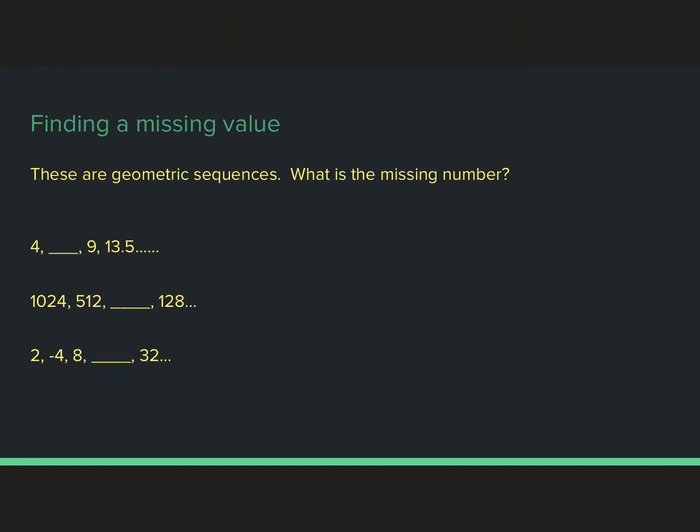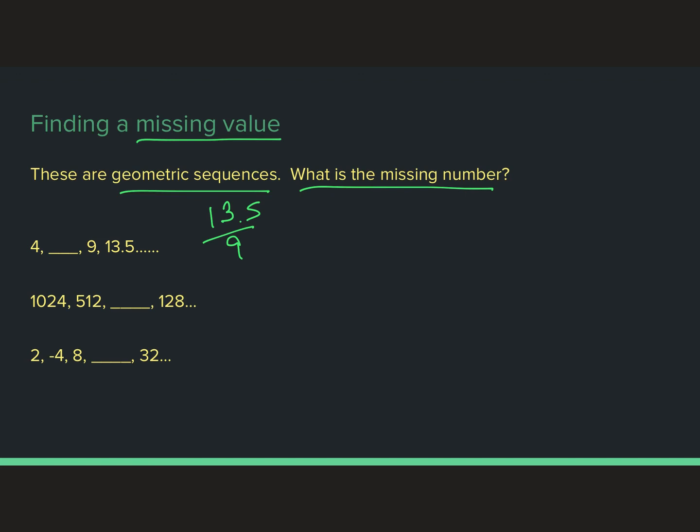So last part, we can use this to find our missing value. So these are geometric sequences, and I have to tell you that so you know. What is the missing number? In order to find the missing number, I need to find the ratio first. I'm missing this number here, so I can't do much there, but I can do 13.5 divided by 9.